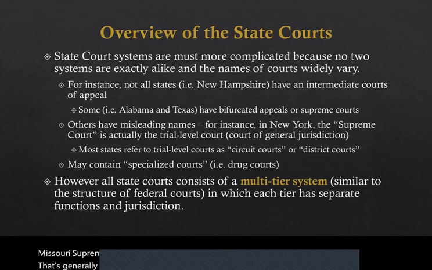New York decided a long time ago that they would call their trial courts, the courts of general jurisdiction, Supreme Court, right? Most states call these circuit courts or district courts. New York calls it the Supreme Court. And then from the Supreme Court, you can appeal all the way up to the New York Court of Appeals. And the New York Court of Appeals is the Supreme Court, basically, of New York.